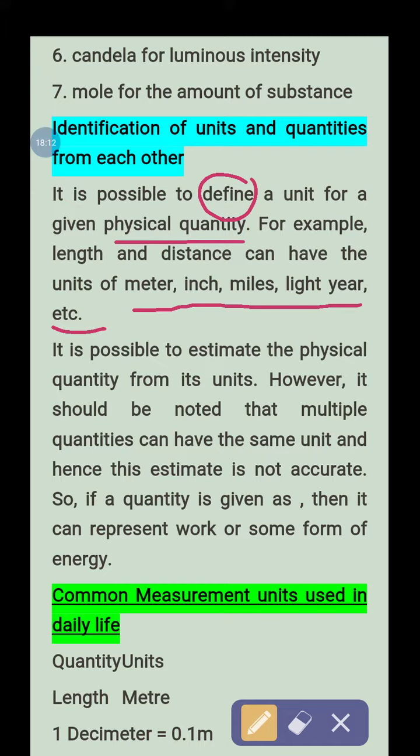However, it should be noted that multiple quantities can have the same unit, and hence this estimate is not accurate. So if a quantity is given in joules, then it can represent work or some form of energy. So the identification of units and quantities from each other should be there.